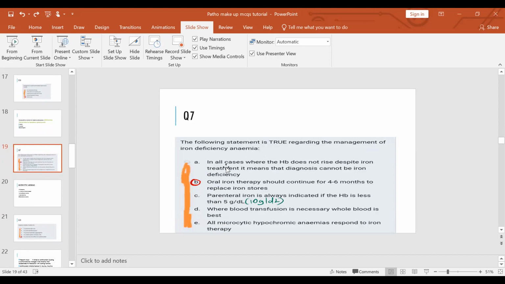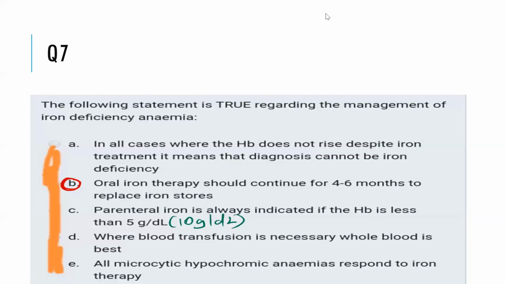So the true statement is B, oral iron therapy should continue for 4 to 6 months to replace iron stores.